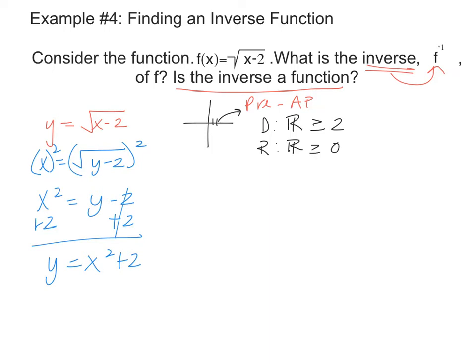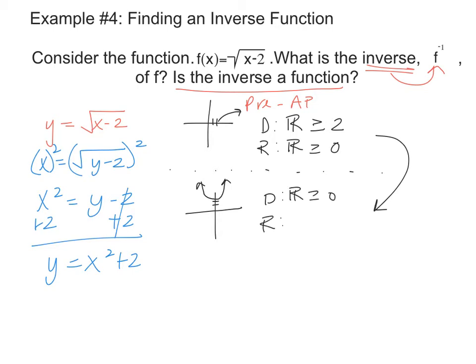So when you find the inverse, okay, they switch. Alright, this we know is a parabola, right? X squared plus 2 is a parabola, so it's been moved up 2, and it looks like this. However, when you do that, the domain and range switch position. So the domain now is supposed to be all real numbers greater than or equal to 0.